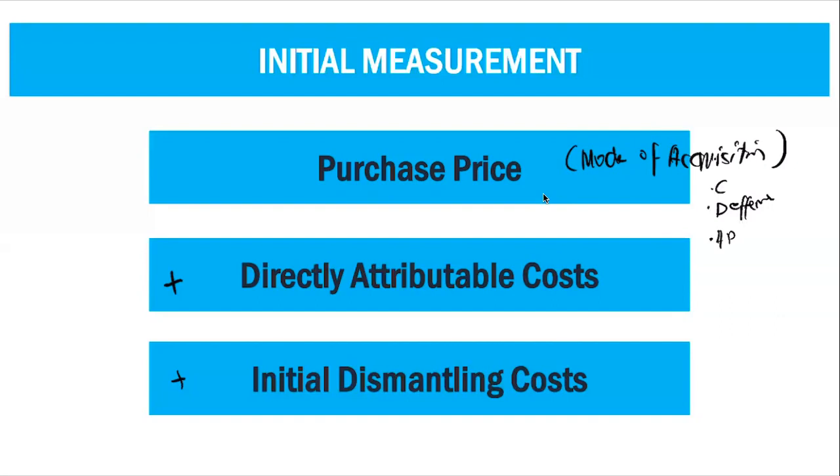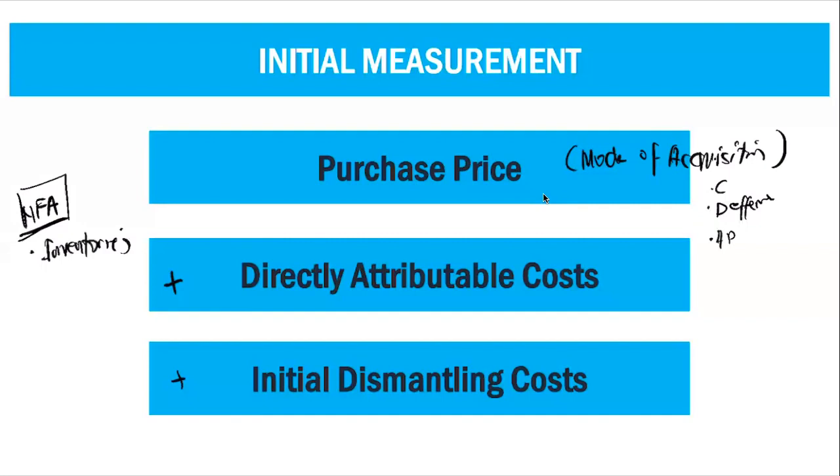Next, we have your directly attributable costs. This directly attributable costs among your non-current assets or non-financial assets are the same. Non-financial assets. So what non-financial assets had we discussed before? We have one, that is your inventories. It is the lone non-financial asset that we have discussed in this particular subject.